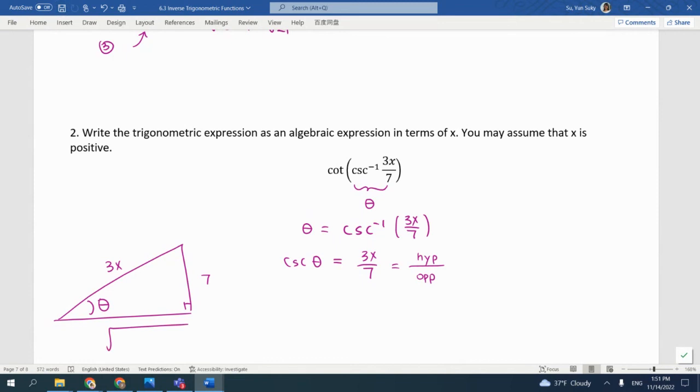What's the remaining side? It'll be the square root of 3x squared minus 7 squared. Is that 9x squared minus 49? Okay. Yeah, it might be ugly. Just leave it like that. Cotangent. What's cotangent?